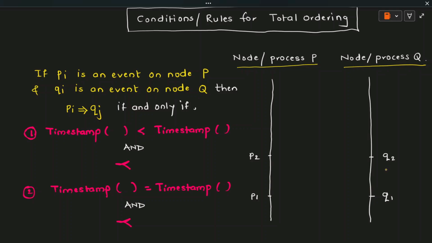In general, if Pi is an event on node P and Qj is an event on node Q, then Pi is in ordering relation with Qj if and only if the timestamp of Pi is less than the timestamp of Qj and node P has a priority over node Q. This can be the first rule. The second rule can be if the timestamp of Pi is equal to the timestamp of Qj and node P has priority over node Q. So these are the two rules which can be used in the ordering relation.